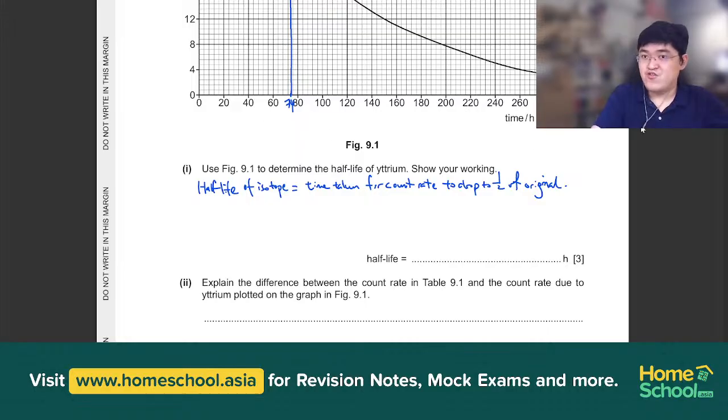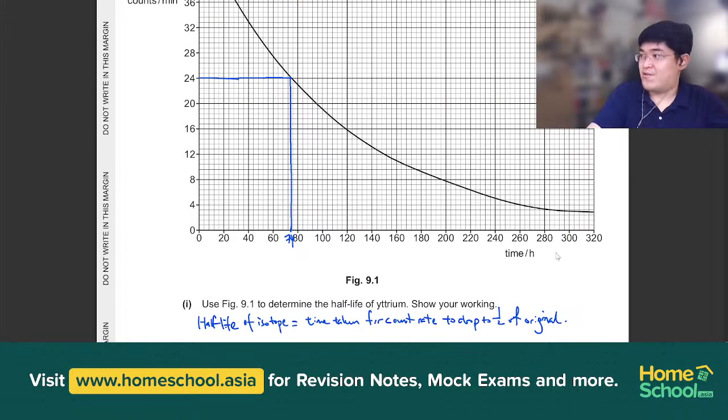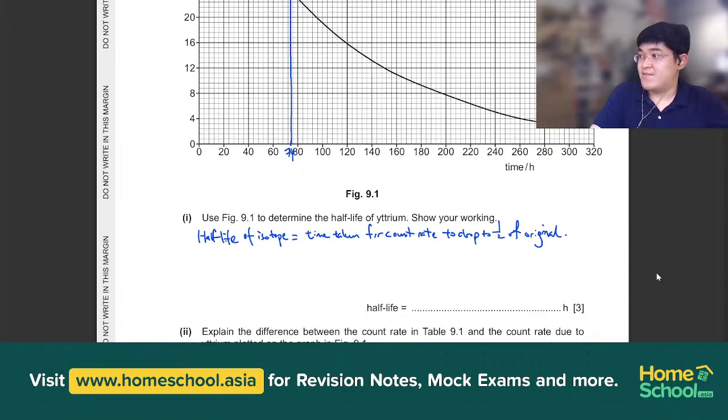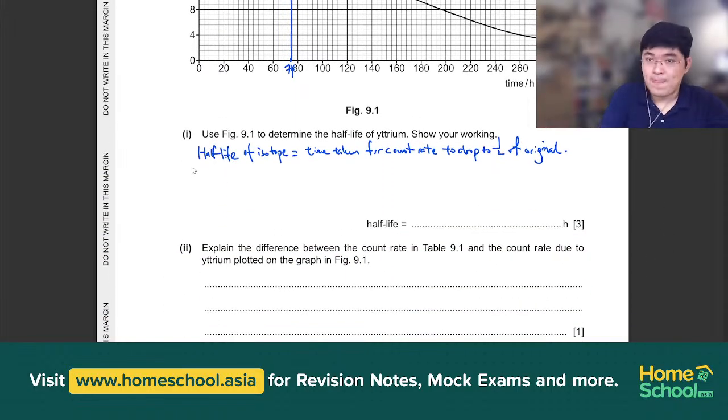That's why I drew the point at 24. So the count rate at first half-life is equal to 48 divided by 2, which is 24 counts per minute, which is why we did that.